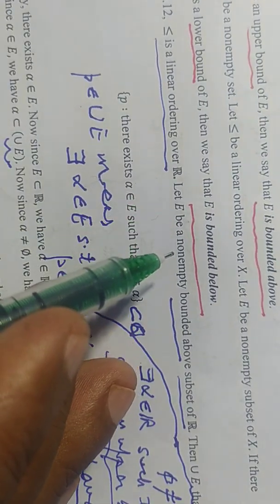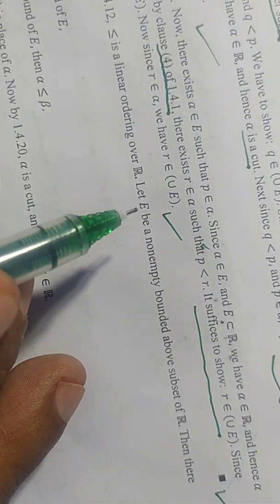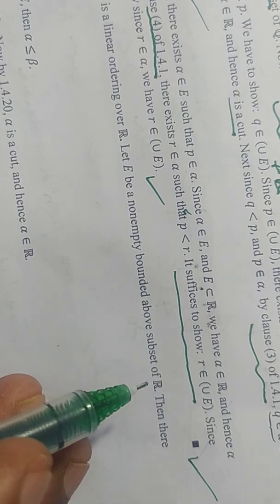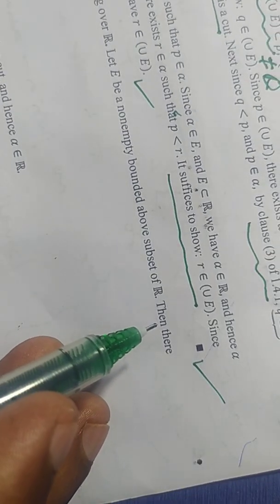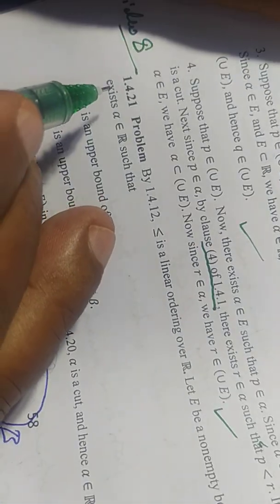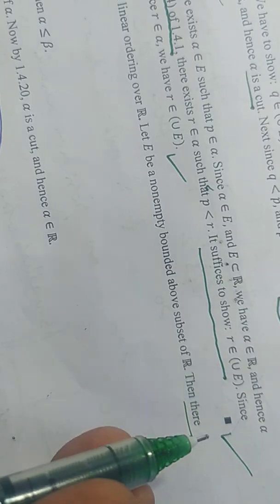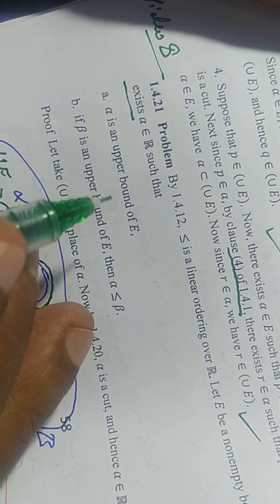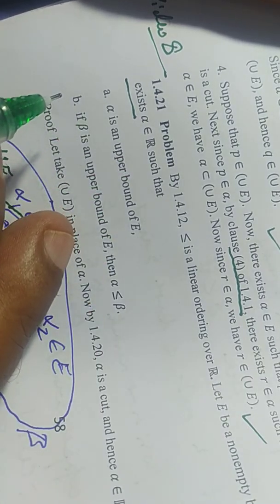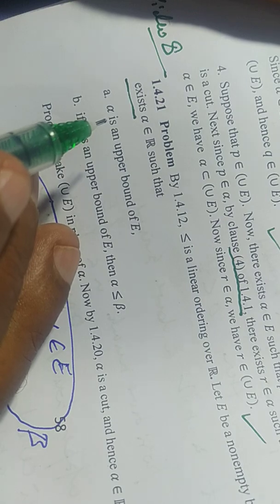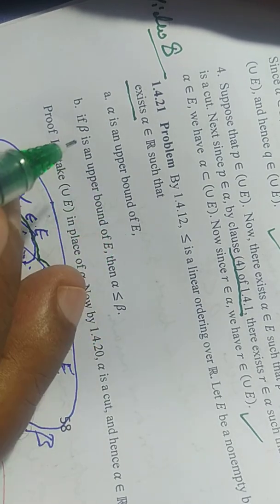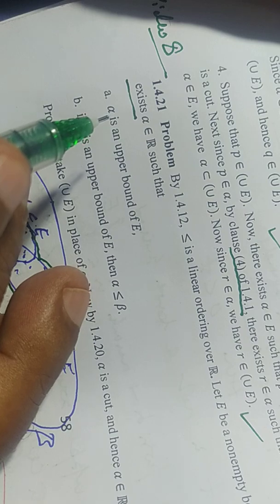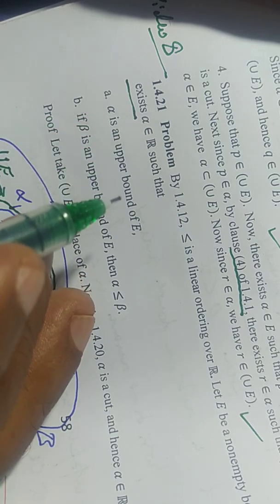Here it is written: E is a non-empty bounded above subset of R. Then, the remarkable thing is this, there exists an alpha belonging to R, meaning alpha is a cut, which has the following two properties. First, alpha is an upper bound of E.